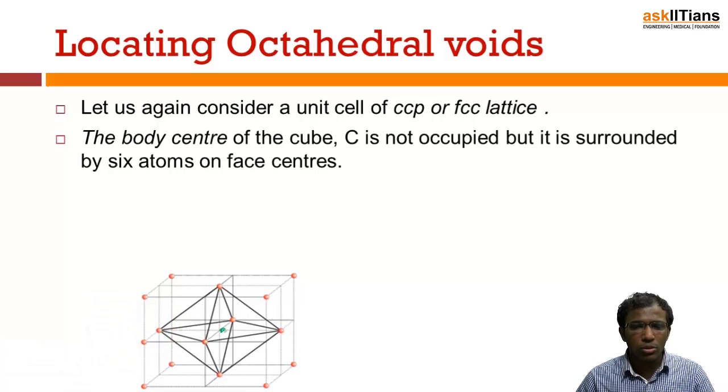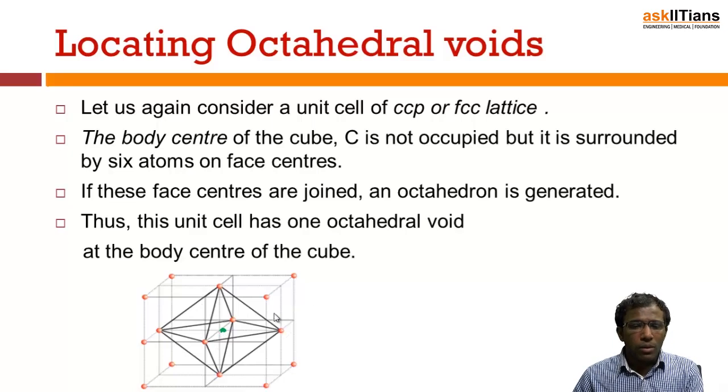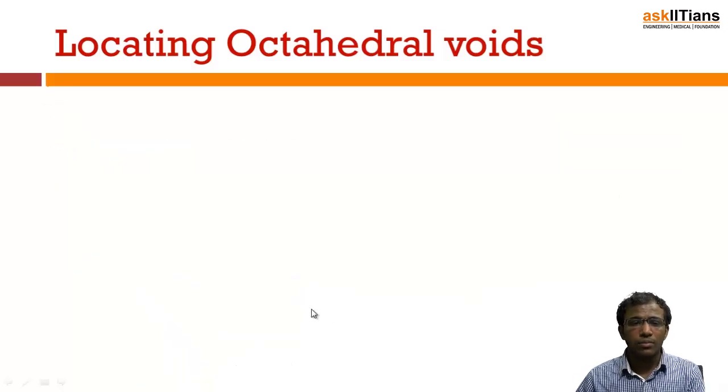The body center of the cube is not occupied and it is surrounded by 6 atoms on the faces. So this is one octahedral void, but not only the one at the body center, we have more octahedral voids. Let's locate them.